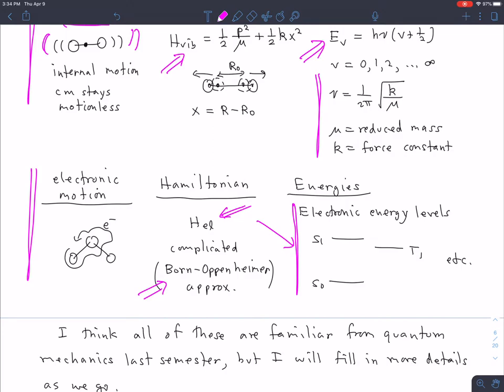And it turns out that even though the electronic quantum mechanics is much more complicated than any of the other cases above, in the end, for statistical purposes, the electronic part of the partition function is actually simpler than the other cases, because there's only a few quantum electronic states that actually matter.